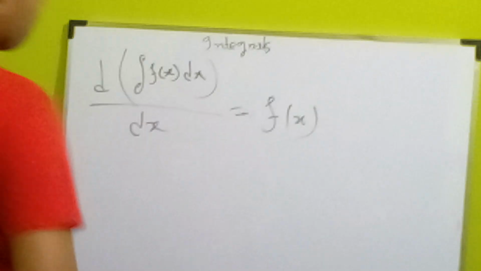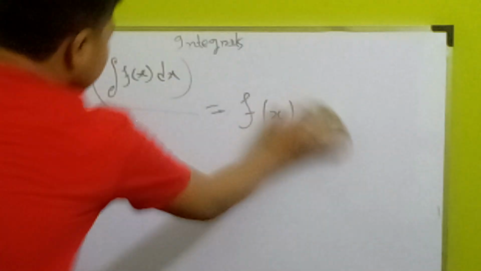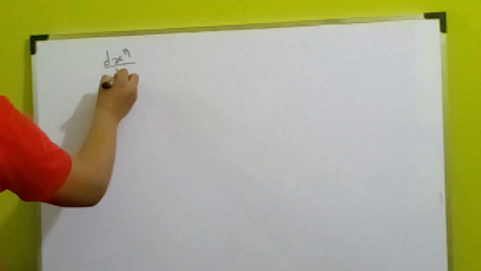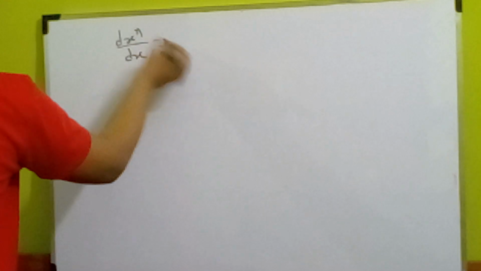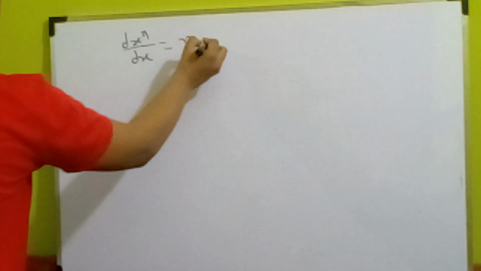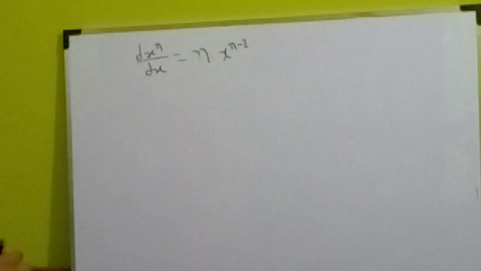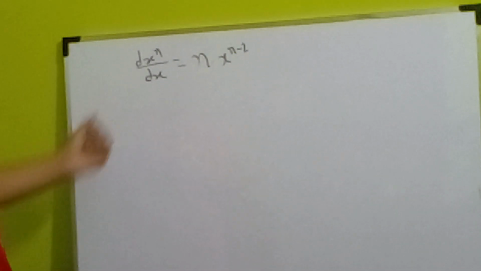Now, in our previous video, we saw that the derivative of x to the n with respect to x is just n times x to the power of n minus 1. How can this help us?